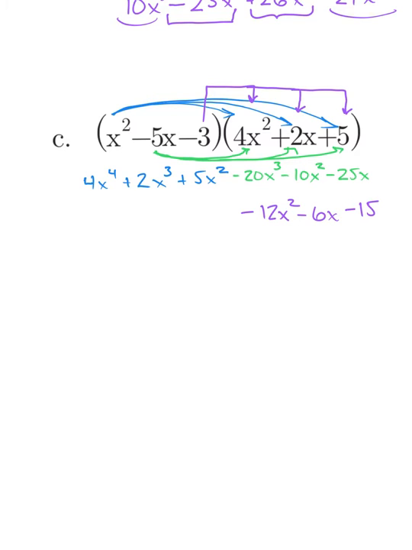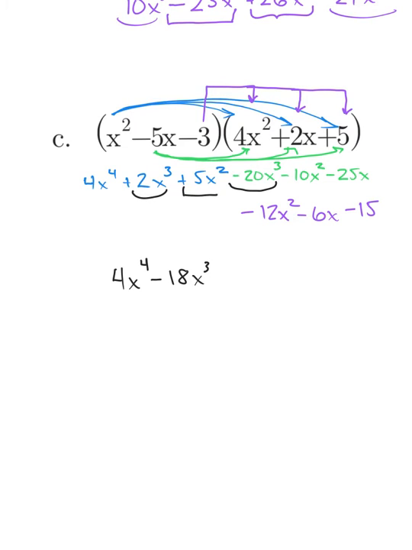Okay, that takes care of our multiplication step. Now we want to do our combine like terms step. So we have 4x to the 4th. It has nothing to combine with, so I'm going to go ahead and just bring it down. My 2x cubed can combine with minus 20x cubed, giving me minus 18x cubed.